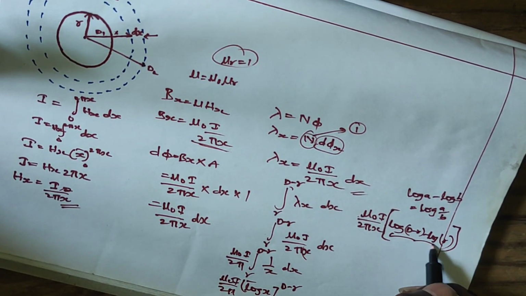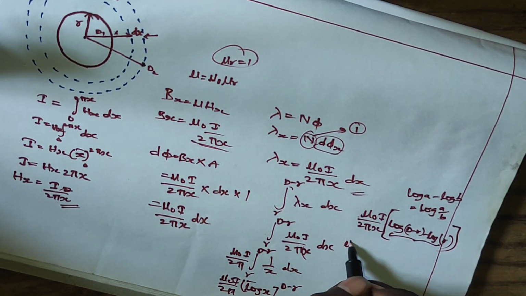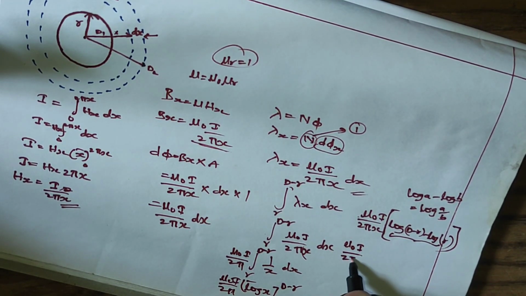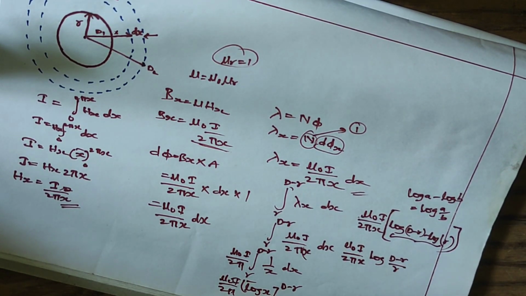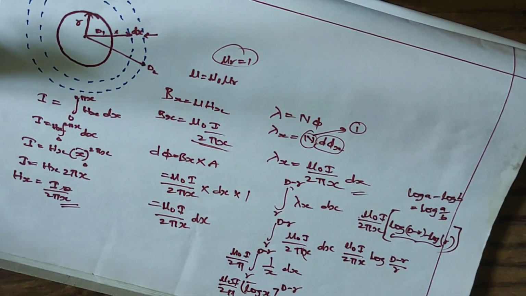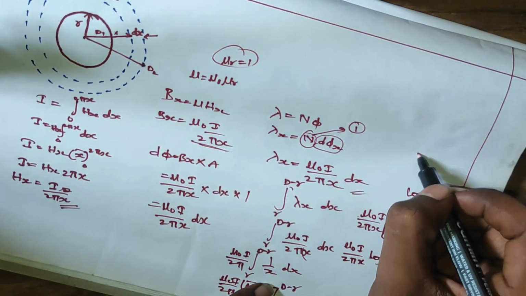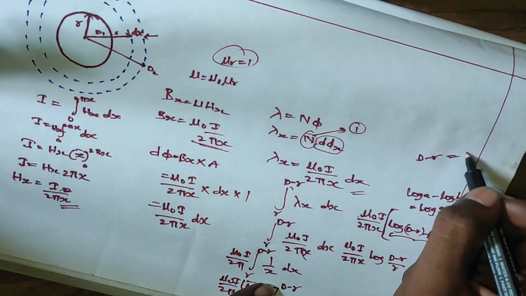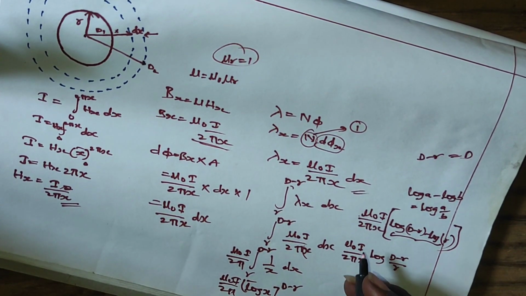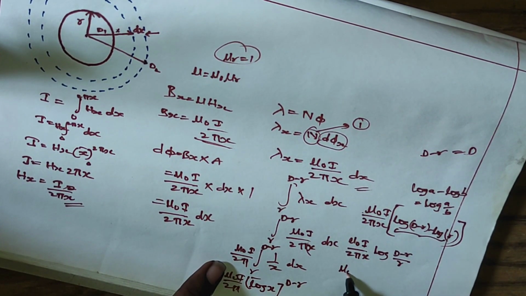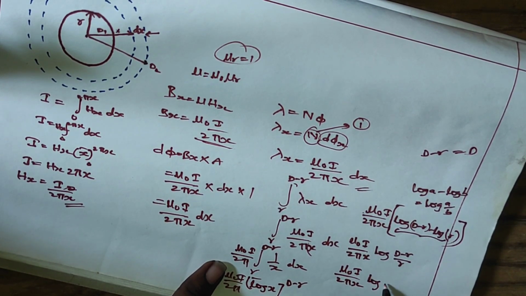That we need to perform over here. Mu naught I by 2 pi log of d minus r by r. If this r value is very small, then this d minus r value will become d. Therefore, our final expression will be mu naught I by 2 pi log of d by r.